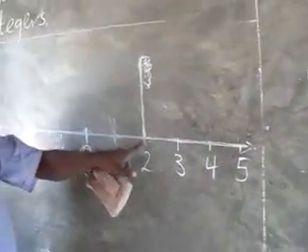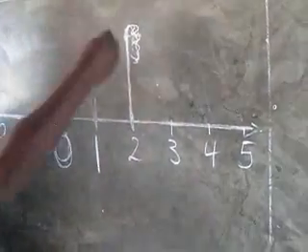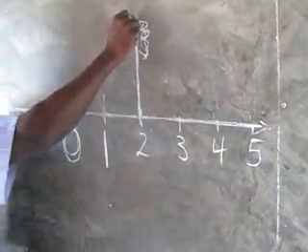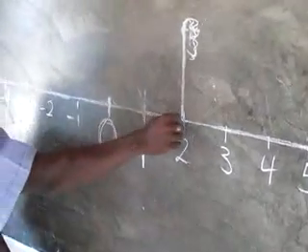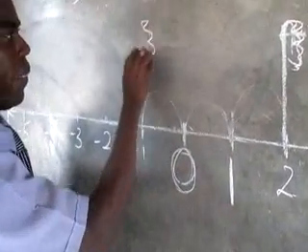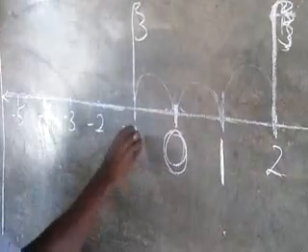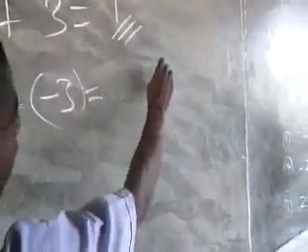Now the negative 3, the person has to move backwards. This is the negative direction and this is the positive direction. So the person has to move backwards 3 steps. So let's count. 1, 2, 3. The person landed at negative 1. Therefore, negative 1 is the answer.